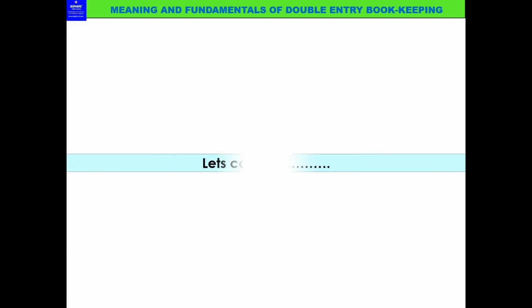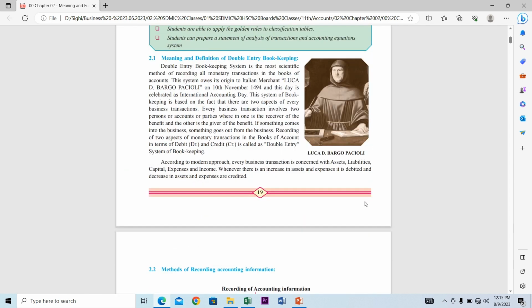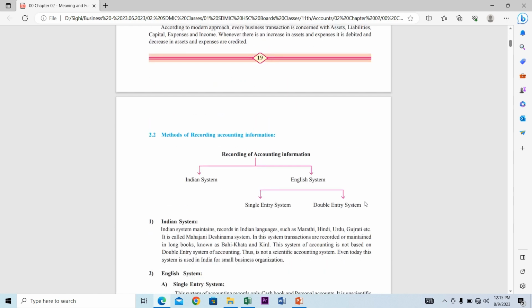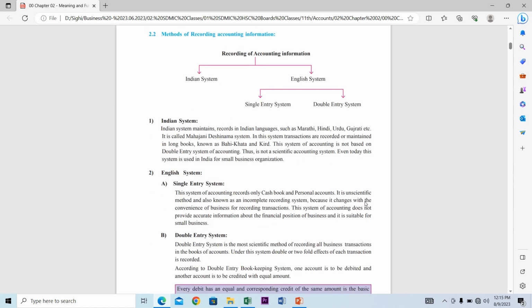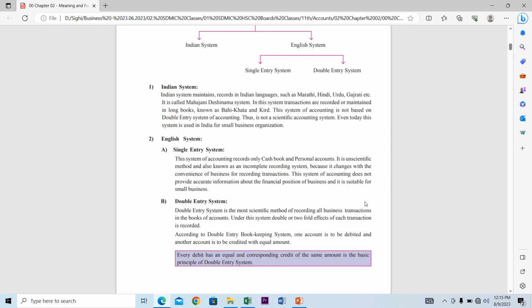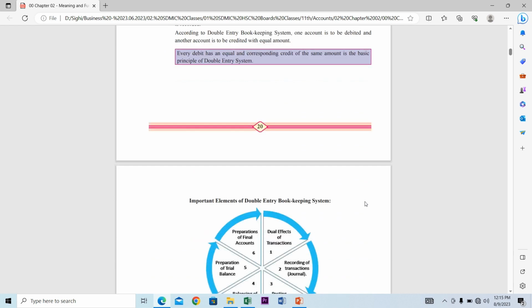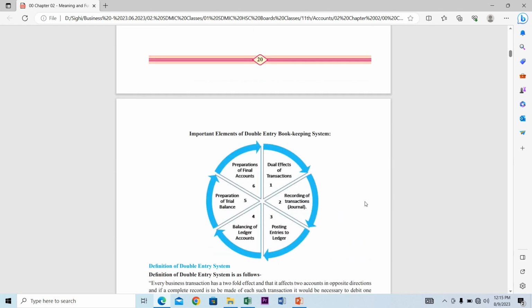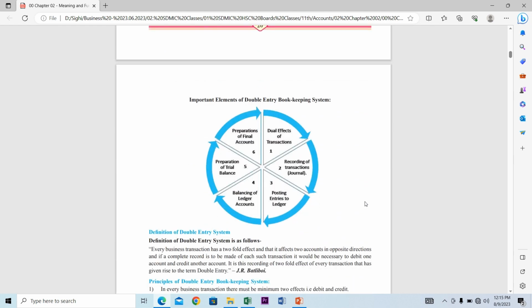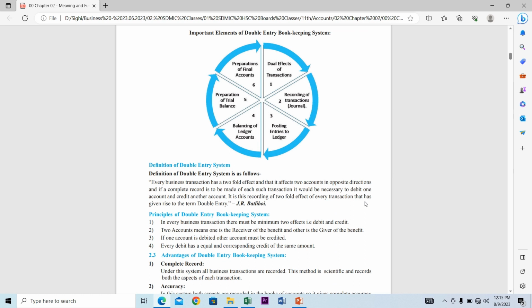Let's continue. In the previous classes we have learned the meaning and definition of double entry bookkeeping, then recording of accounting information. I have explained everything; you can refer to my previous classes. Indian system, English system, then under the English system, single entry system, double entry system, then the important elements of double entry bookkeeping system, which I explained in the last class, and then the definition of double entry system.